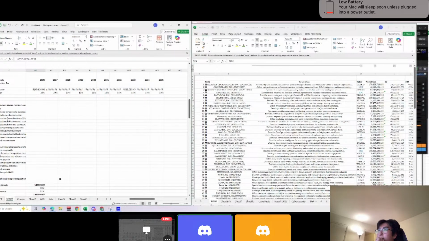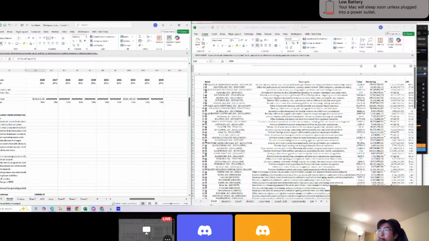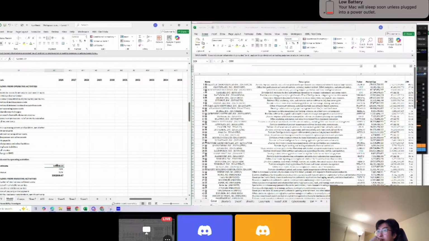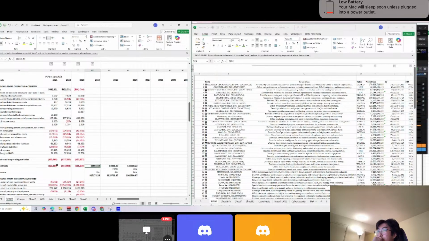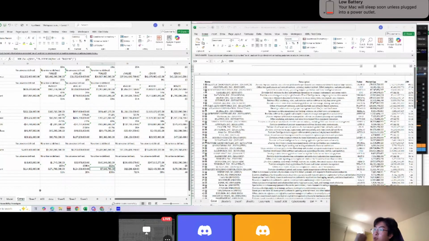I think net cash flow from operating activities, I think that was $28 million. So this is only 7. Got it.